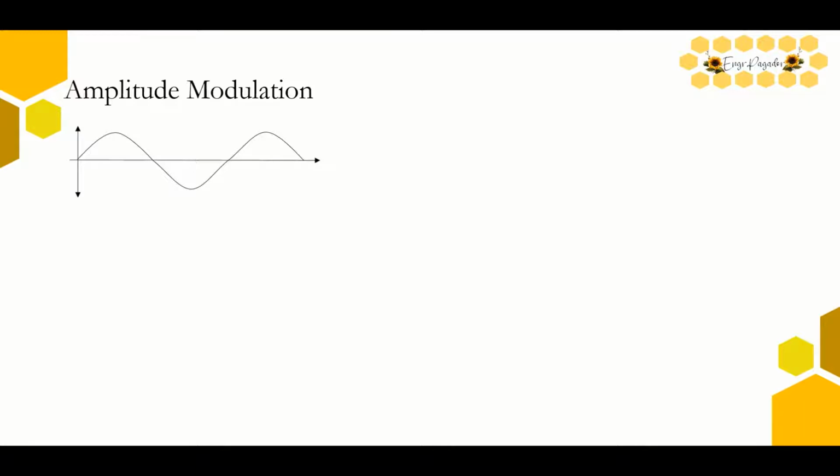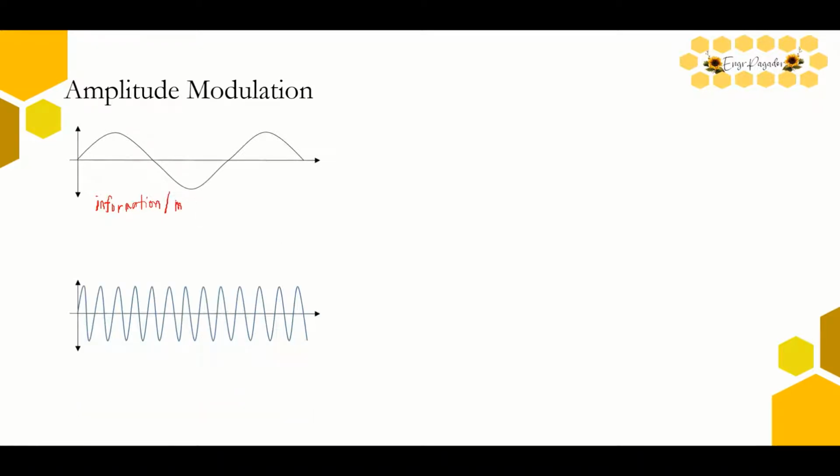However, yung kanyang amplitude, fina-follow niya yung amplitude ng ating modulating signal. Okay, for example, this is your modulating or the information signal. Okay, so this is your information or your modulating signal.